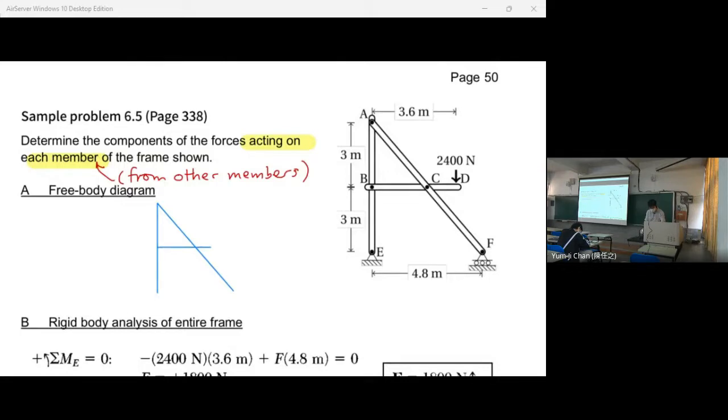So this is A, B, C, D, E, and F. To give a quick look, we have forces here, here, and here, and here. And you mark the dimensions, right?